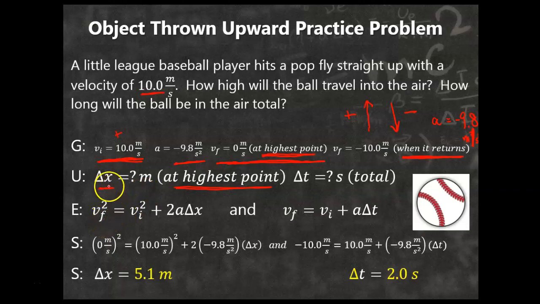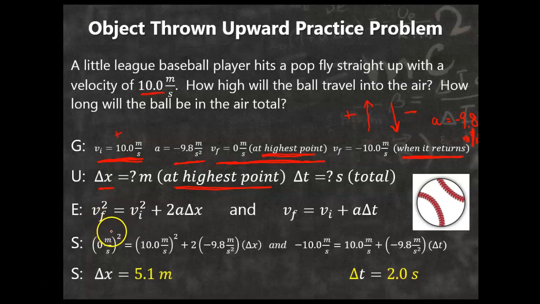So let's figure out our distance to the highest point. Which equation has initial velocity, acceleration, final velocity, and distance, but does not have time? Well, velocity final squared equals velocity initial squared plus 2ad does. So let's use that equation. Our initial velocity is 10. Now this is our final velocity at the highest point.